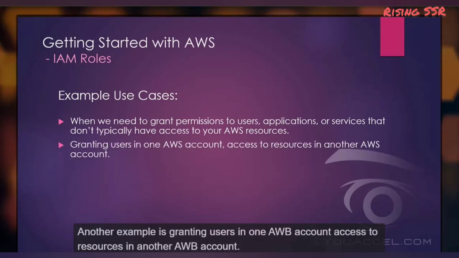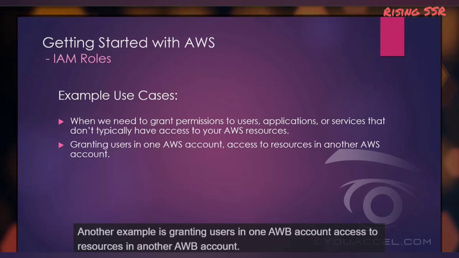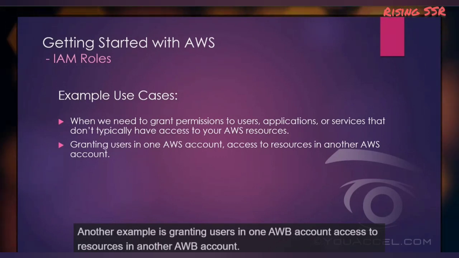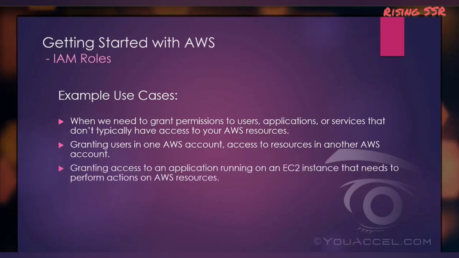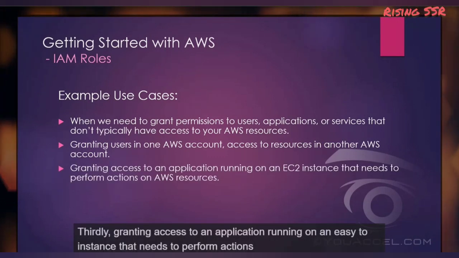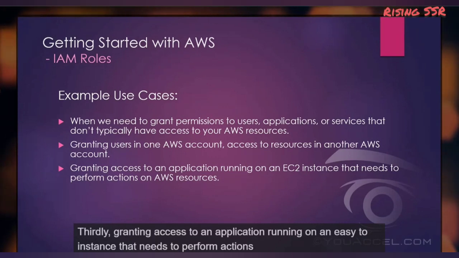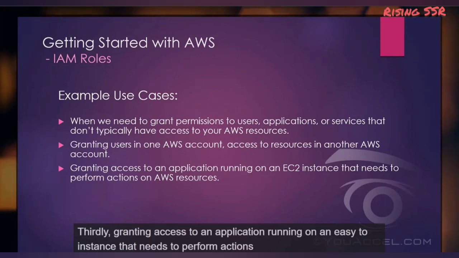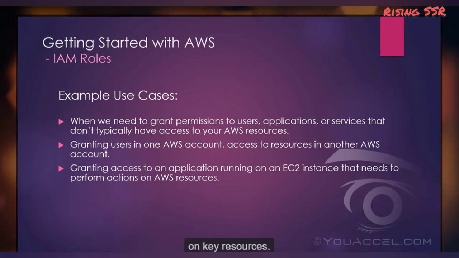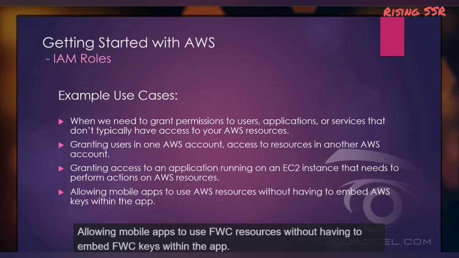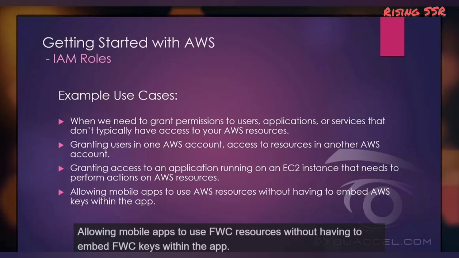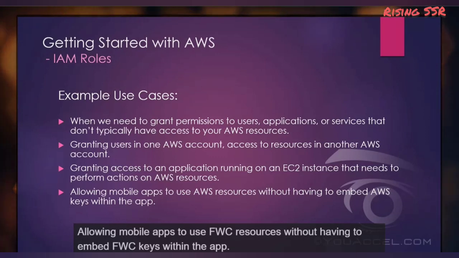Another example is granting users in one AWS account access to resources in another AWS account. Thirdly, granting access to an application running on an EC2 instance that needs to perform actions on AWS resources. And allowing mobile apps to use AWS resources without having to embed AWS keys within the app.